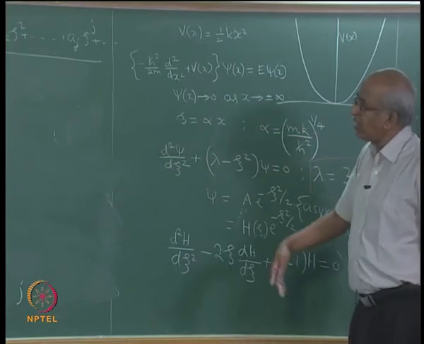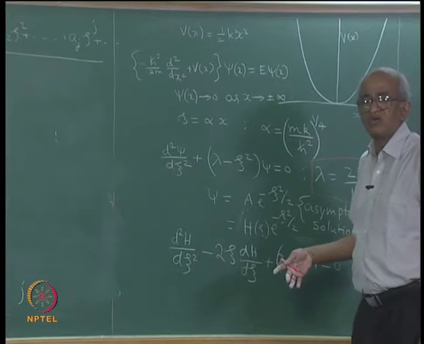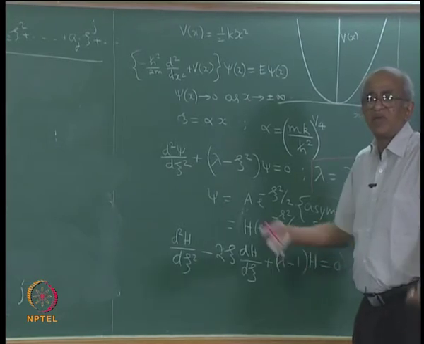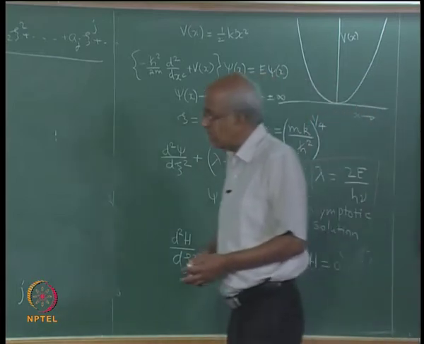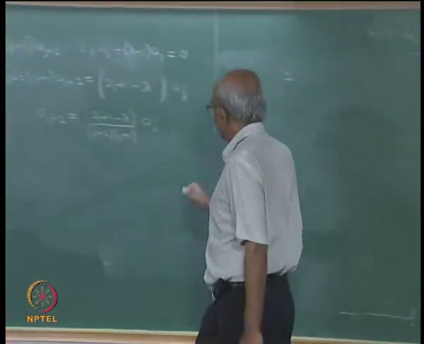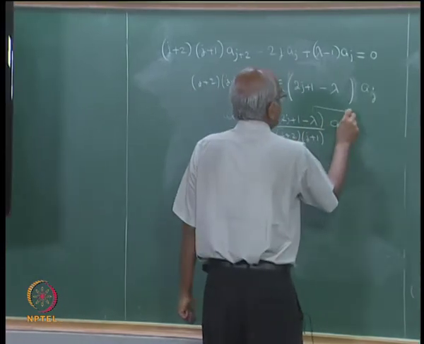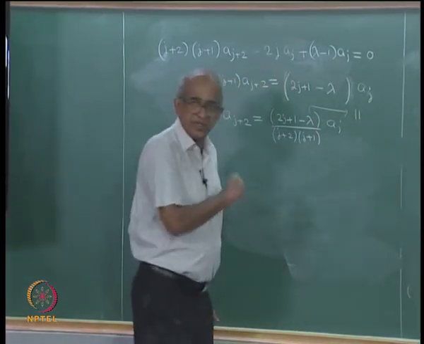But suppose it so happens that lambda is equal to, let us say 11, just to illustrate. Suppose lambda is actually a number like 11. So, if lambda is equal to 11, what will happen?